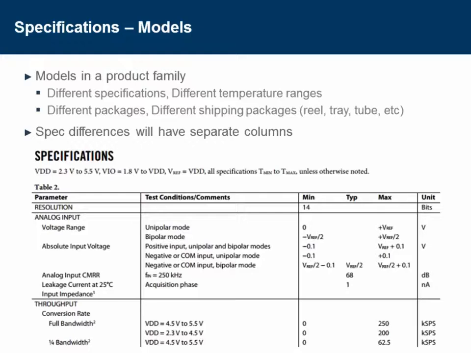Some cases they'll have different specifications. And then you would want to look at the data sheet to see the details of what those differences are. In some of the cases there will then be a much more complete set of tables where we separate that out by the different model types.